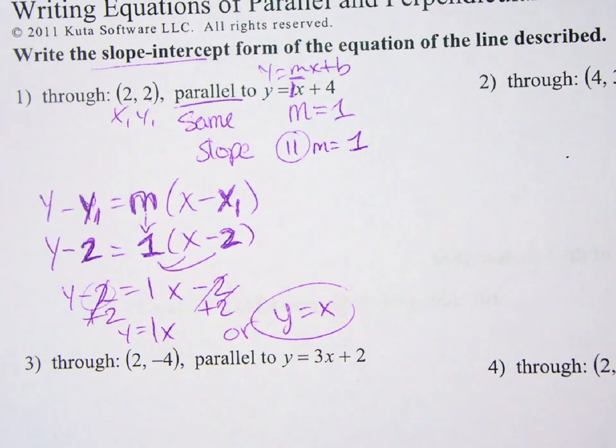Just to verify the work that you are doing, you can go ahead and graph this on a calculator, and you can verify that the equation they give you right here is parallel to the equation you found, and also the point you found goes through that equation you created.